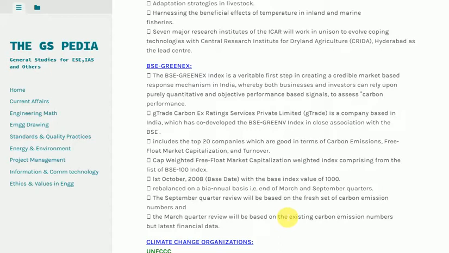Climate Change Organizations. UNFCCC. The UN Conference on Environment and Development held in Rio de Janeiro in June 1992 adopted, by consensus, the first multilateral legal instrument on climate change, the UN Framework Convention on Climate Change, or the UNFCCC.